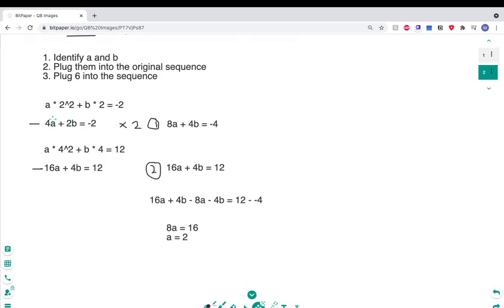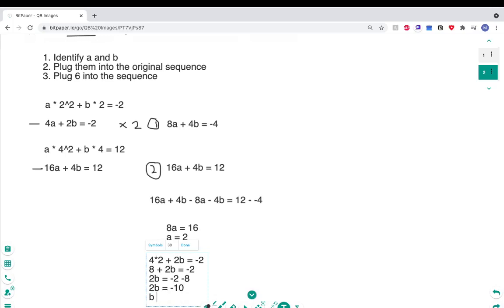So if I plug in a is 2, I've got 4 times 2 plus 2b is equal to minus 2. And so that's going to give me 8 plus 2b is equal to minus 2. And if I move the 8 over, i.e. subtract 8 on both sides, then I'm going to get 2b is equal to minus 2 minus 8, which is going to be 2b is equal to minus 10.